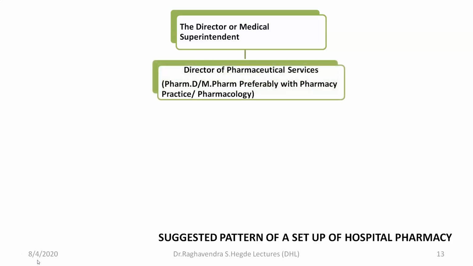Next, we can see the director of pharmaceutical services, where PharmD, doctor of pharmacy, or M.Pharm, preferably with pharmacy practice. Earlier it was only M.Pharm with pharmacology. PharmD and M.Pharm pharmacy practice are more towards that kind of service, because it is more of a clinical oriented service.